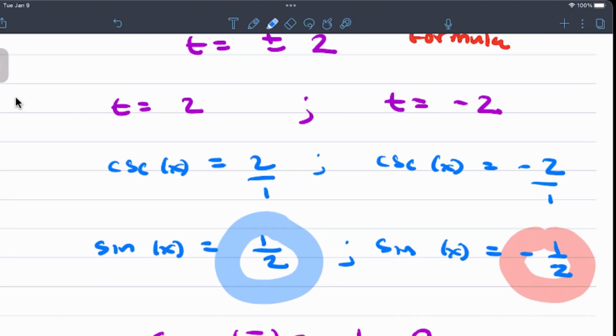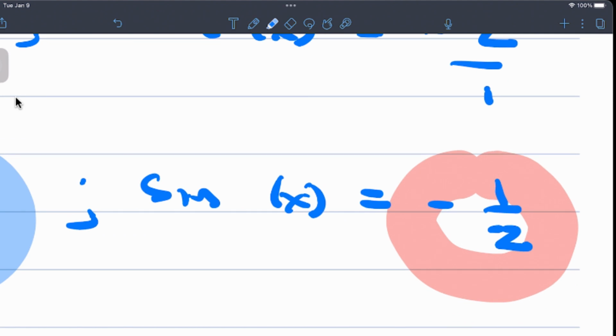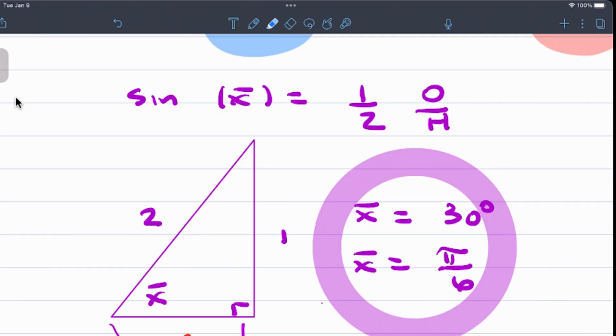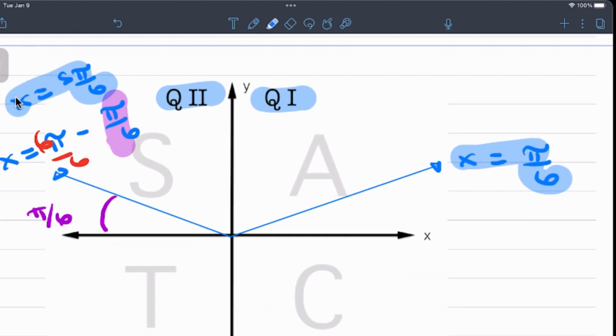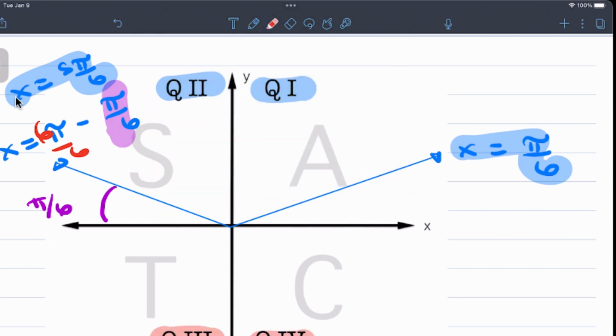This is going to be interesting. This is where sine's positive, but where is sine negative? Isn't sine negative where? Quadrants what? 3, quadrant 4. Sine's negative. Here. And here.